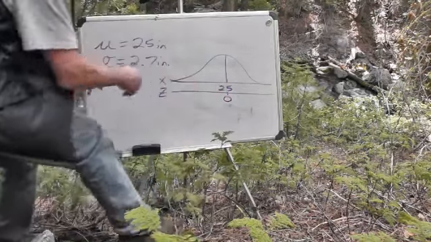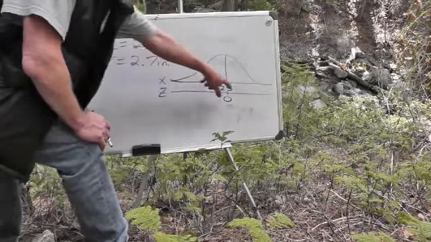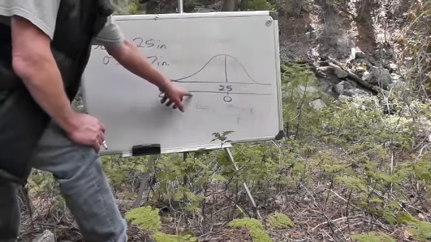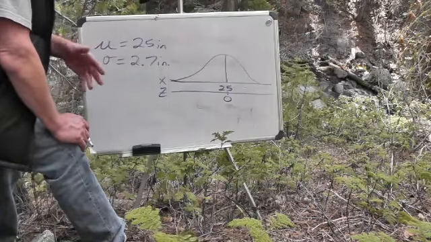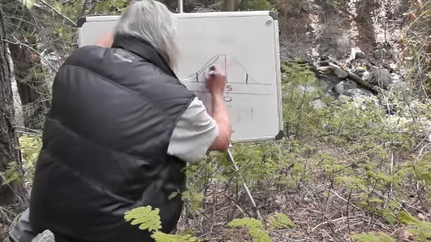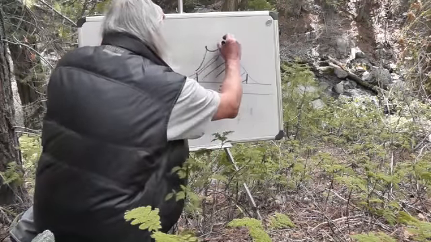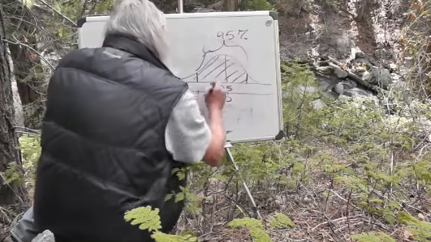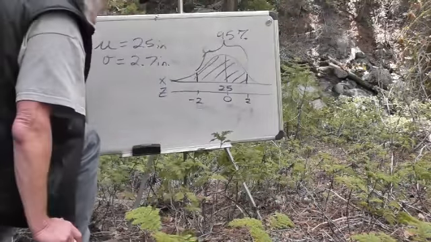We have the x-axis, which is the actual values of our data, and then we have the z-axis, where we're going to convert our x scale into a z scale, and then use that 95% value to find which values of the trout lie between. So since we're looking for this 95%, we're going to use -2 and 2 for our z-scores.